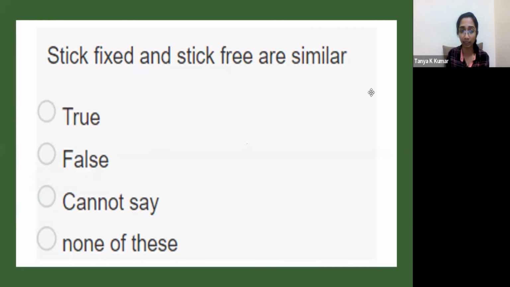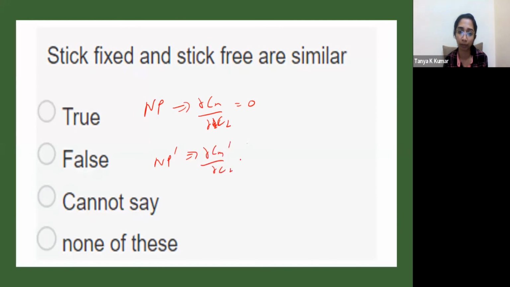They are similar in the sense that if you consider neutral point, it's when dCM upon dCL is 0. For neutral point of stick free case, dCM upon dCL prime is 0. That way it's similar, but they are two different cases, right? One is when you fix the stick and one is when you leave the stick free. False, they are not similar.